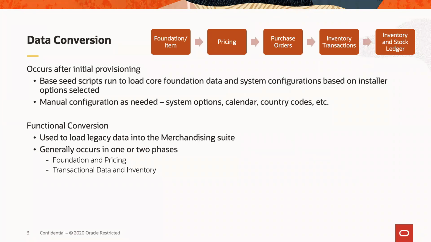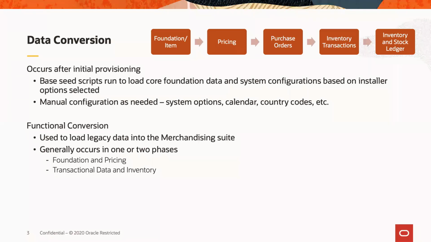In a lot of ways, conceptually, it's similar in cloud as it was on premise in terms of some of the things that need to be done in order to get our customers' data prepped and ready to be loaded into merchandising solutions. And then we'll also talk about the tooling that's available within the merchandising solutions to help with that data conversion process.